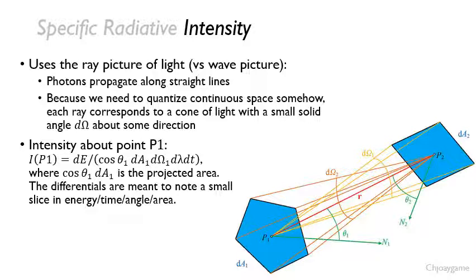Okay, and so if we want to look at the intensity about point P1 here, it's not just from P1. P1 is a finite point, there's no area to it, so this is really some finite area element around P1.